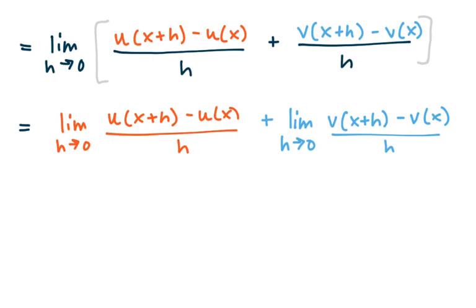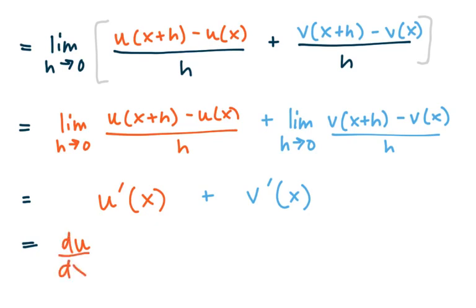These both represent the definition of a derivative, right? The first one is u prime of x, and the second one represents v prime of x. That notation is the same as saying du dx plus dv dx.